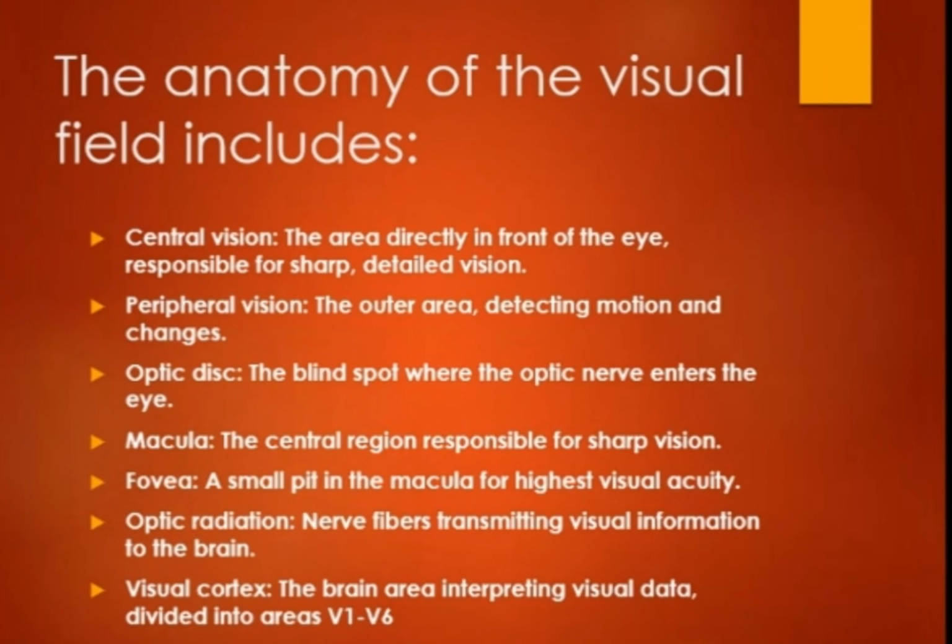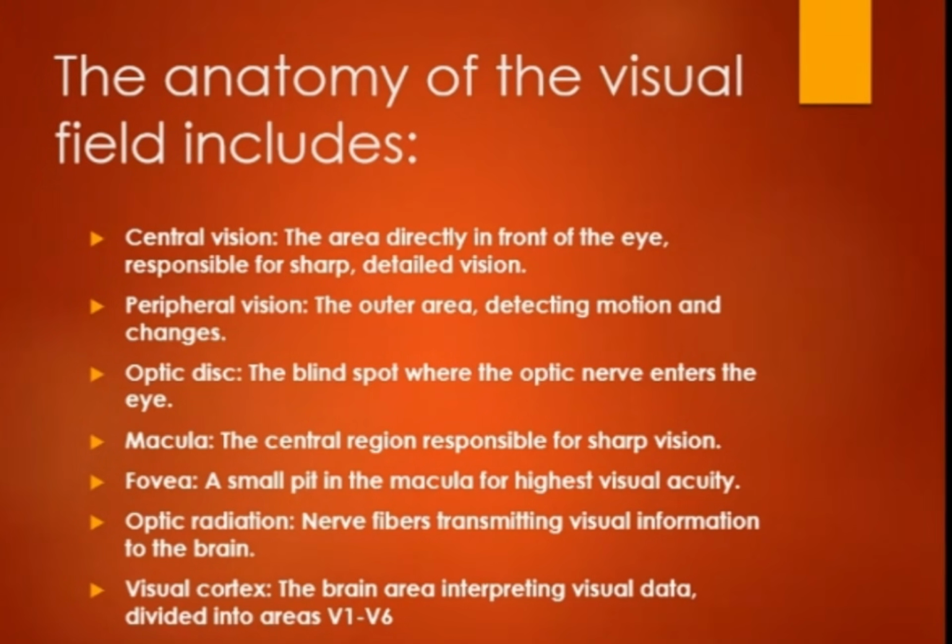Let's briefly look at the anatomy of the visual field. This includes the central vision, the peripheral vision, like I mentioned earlier. It also has the optic disc, the macula, the fovea, the optic radiation, and the visual cortex. The central vision is the area directly in front of the eye, which is responsible for sharp and detailed vision. The peripheral vision is the outer area detecting motion and changes by the side.